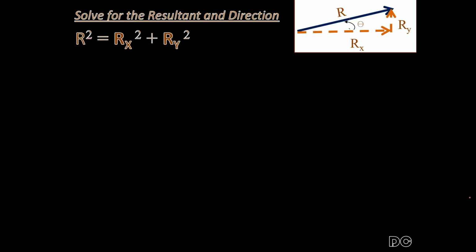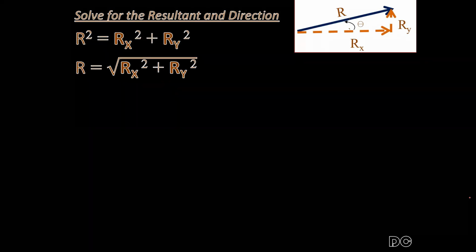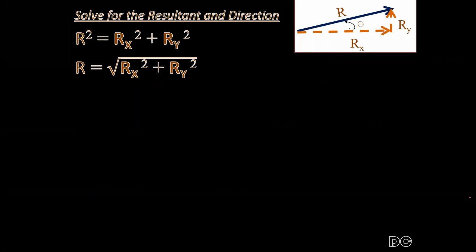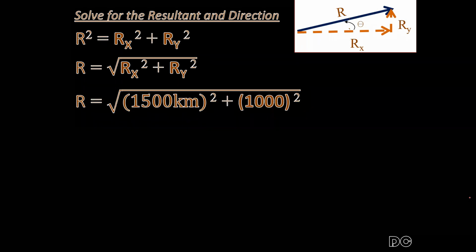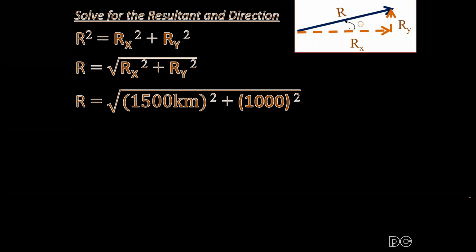So r is equal to the square root of r sub x squared plus r sub y squared. So 1,500 squared plus 1,000 kilometers squared. If we input this in our calculator, that is equal to 2,000 kilometers.